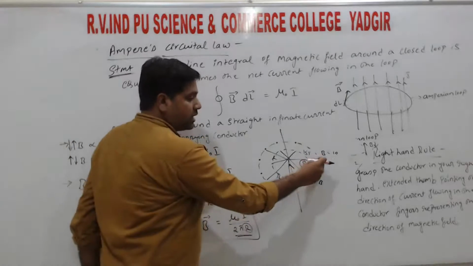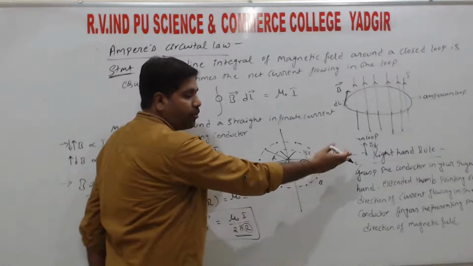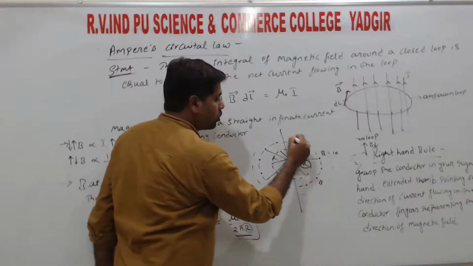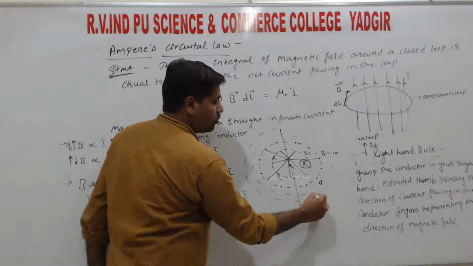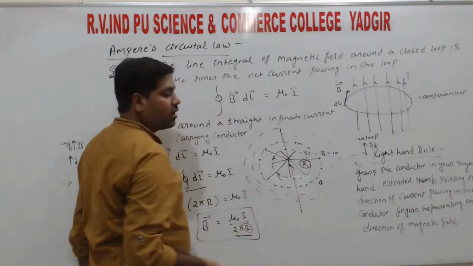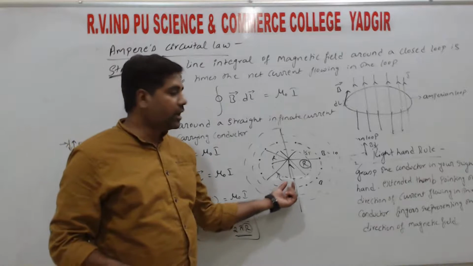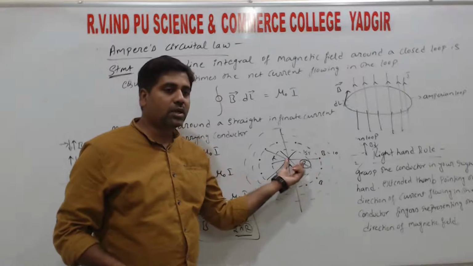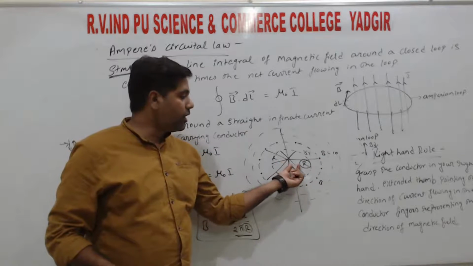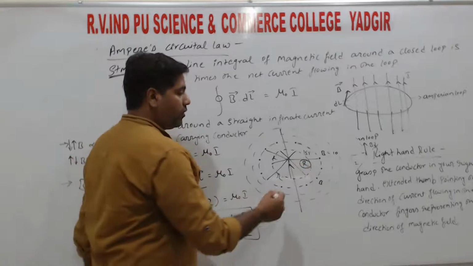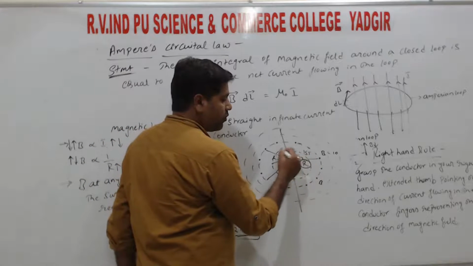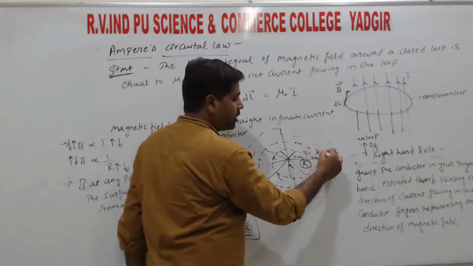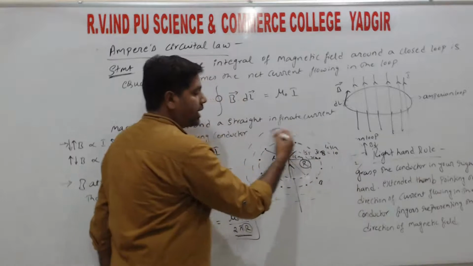The next point: as the distance varies we get different magnetic fields, hence the magnetic field forms concentric circles. As we take different radii, the magnetic field forms different circles. That means the magnetic field forms concentric circles of different radius, right? If I consider a radius of 1 cm, one circle forms, for 2 cm another circle, for 3 cm another, for 4 cm another circle.